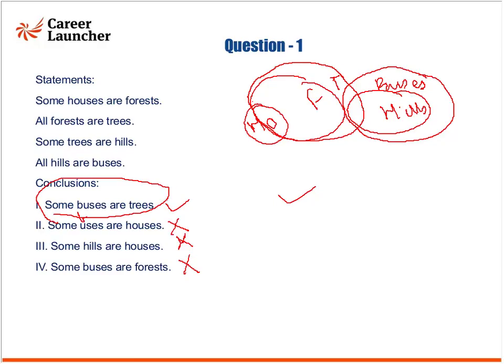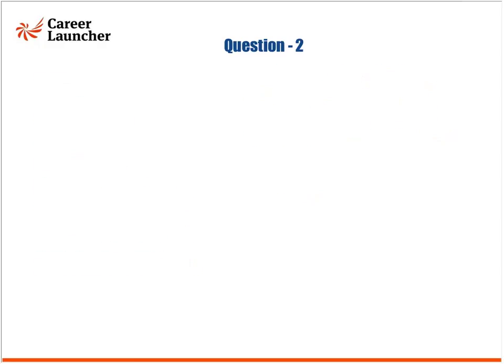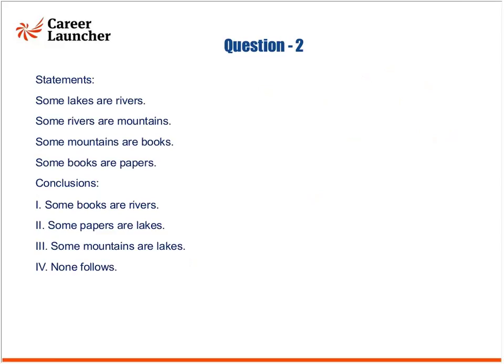Let's take up question 2. We have some lakes are rivers, some rivers are mountains, some mountains are books, some books are papers. There are different ways how we can draw these. Let's take the easiest one. Some lakes are rivers, some rivers are mountains, but we could have the mountains here also.